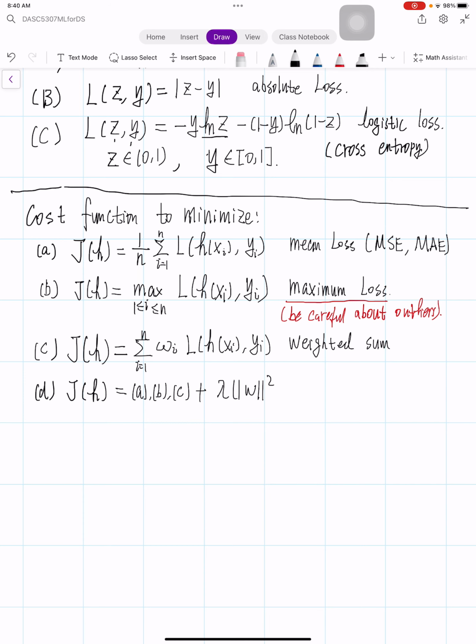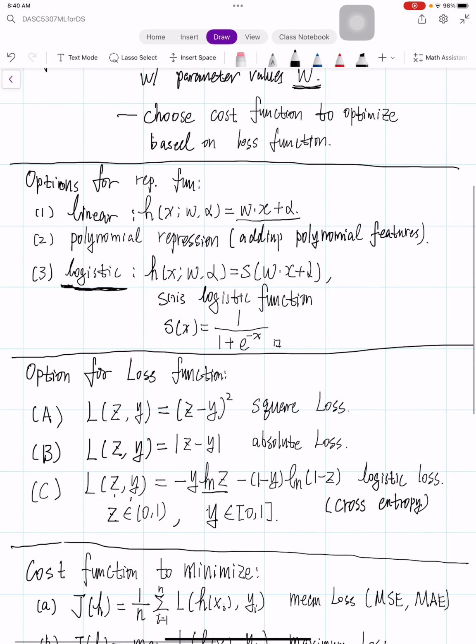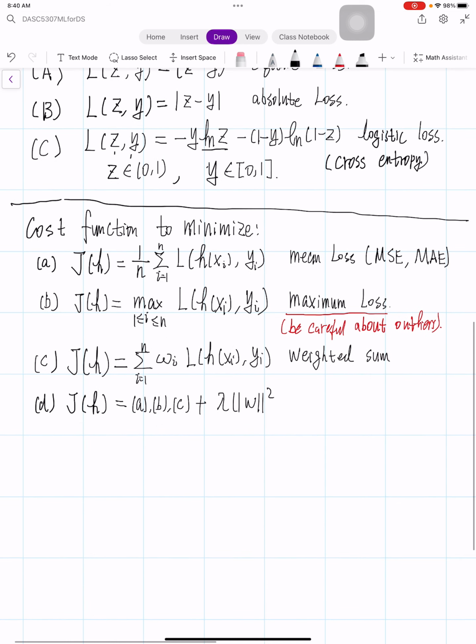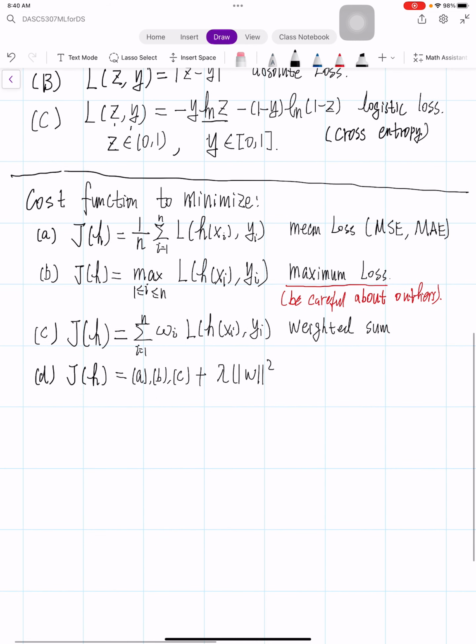This is W, W is a parameter in the regression function. So this gives the L2 penalized cost function. In some contexts, it is also called L2 regularized.